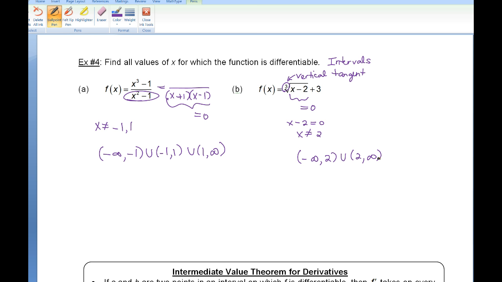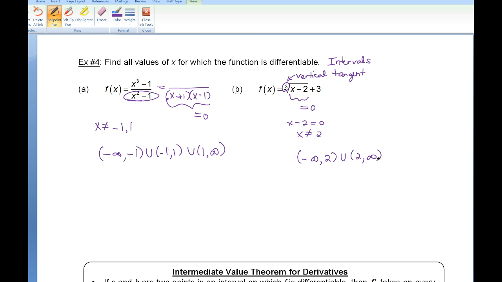Right. So even root, it's differentiable over its domain. So for example, if it's just like square root of x minus 2, then it would just be differentiable from 2 to infinity, including 2. That doesn't have a vertical tangent or cusp or anything. It's just not defined for negative values. So we would just say it's differentiable on its domain.